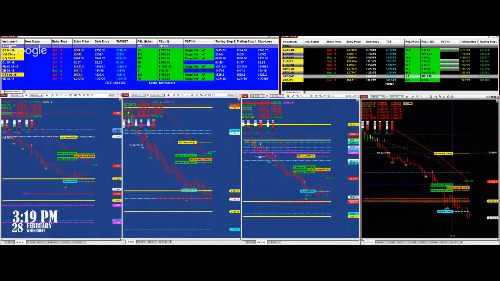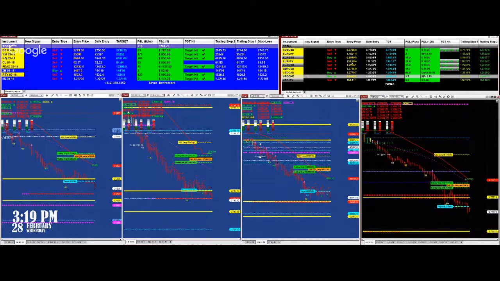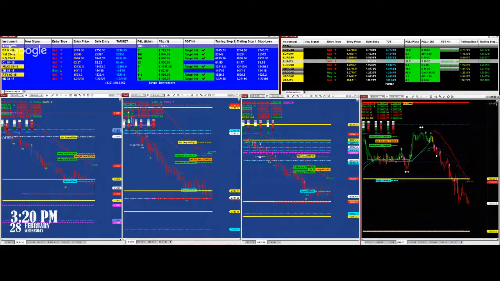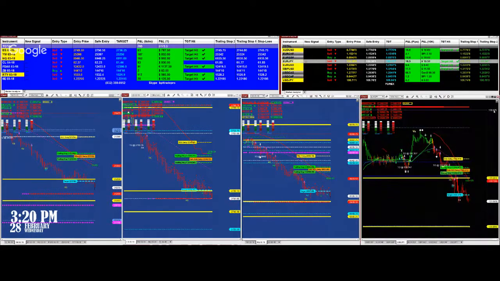We had an entry right here at 86.1. We hit the target. We have a target hit on Euro Japanese. Let's see, where is it? We hit the target. And then we have the Euro dollar. We saw that hit the target.